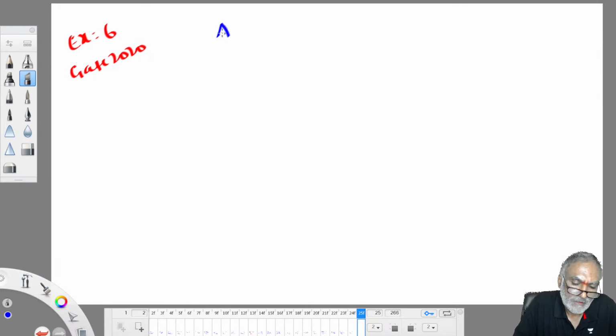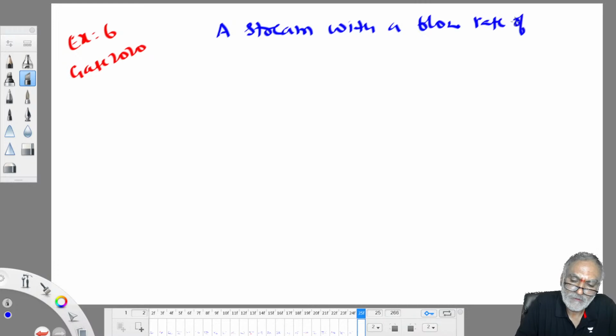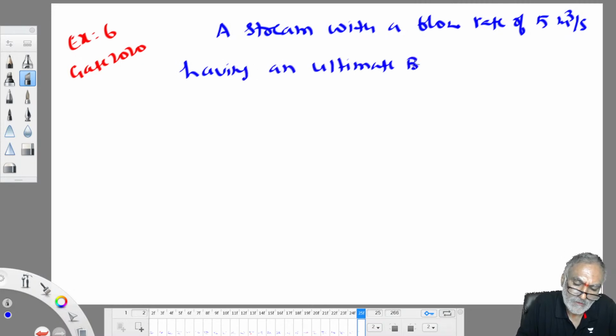A stream with a flow rate of 5 meter cube per second, having an ultimate BOD of 30 milligram per liter.